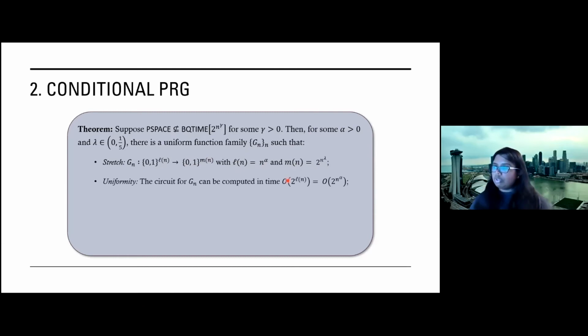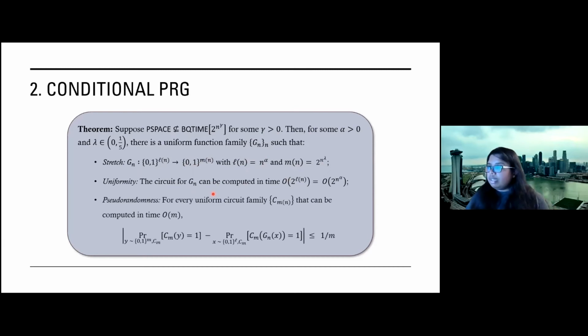There is some uniformity constraint. Essentially, that just says that there is an efficient way to compute each of these generators given the input length. Specifically, it can be done in 2 to the L of n time. And finally, this has to be pseudorandom.